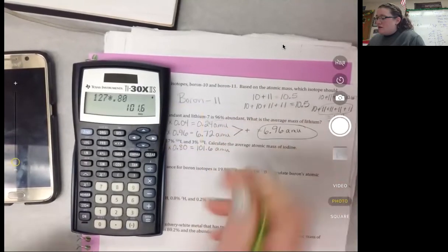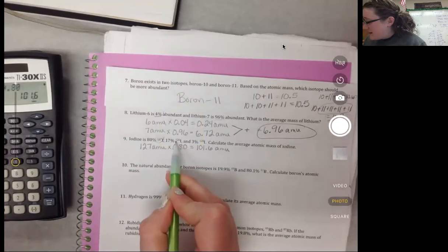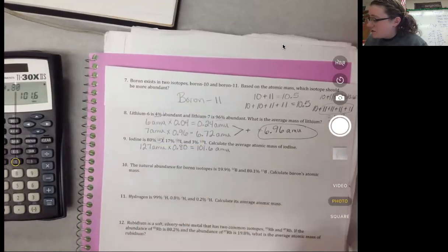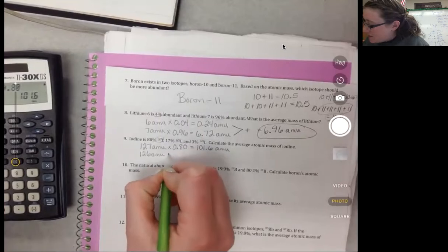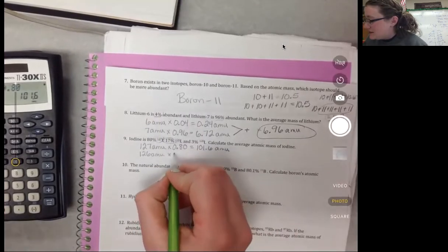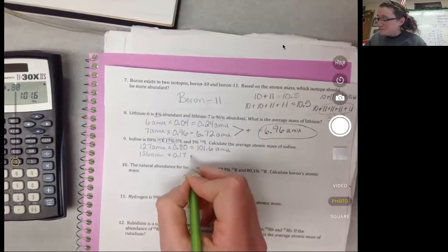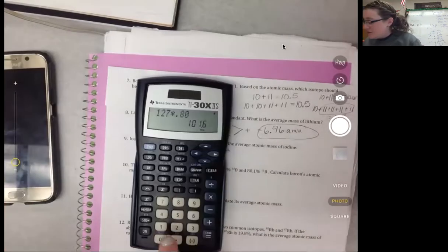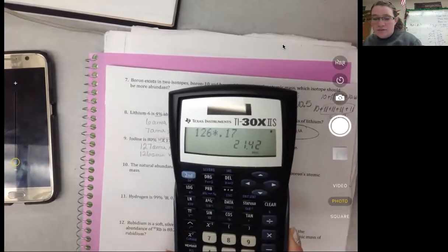My other isotope is iodine 126. So the mass is 126 AMUs, and I'm going to multiply that by its percent abundance, which is 17%. As a decimal, that'd be 0.17. Again, I'm just going to calculate that, and it is 21.42.